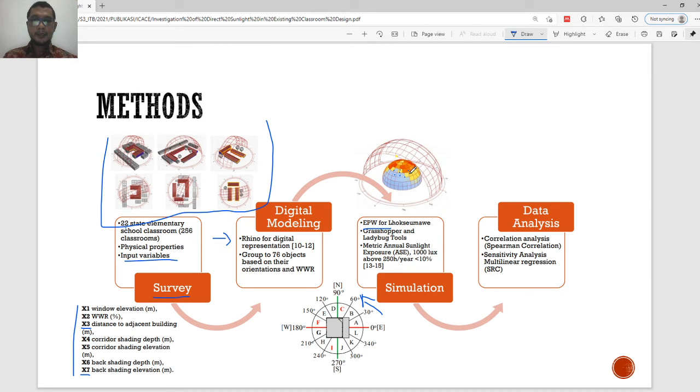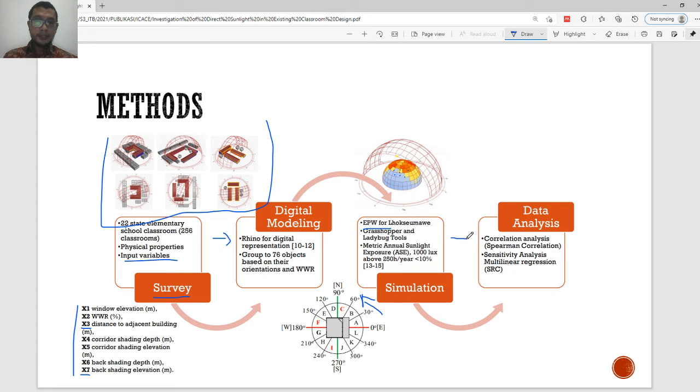In this way, it might not be accurate enough to calculate annual sunlight exposure. And another assumption was that to calculate the annual sunlight exposure, we need to assume that the room has no reflections, or is considered black.